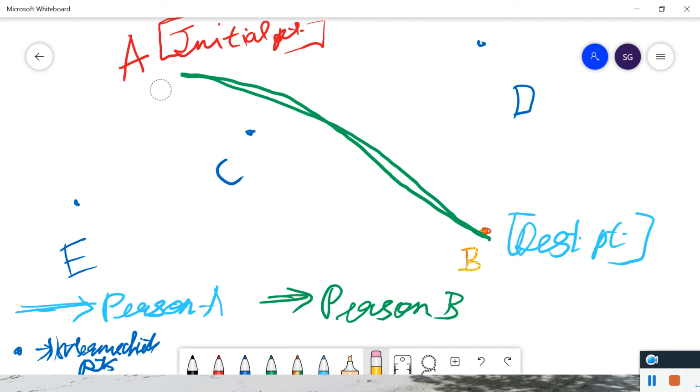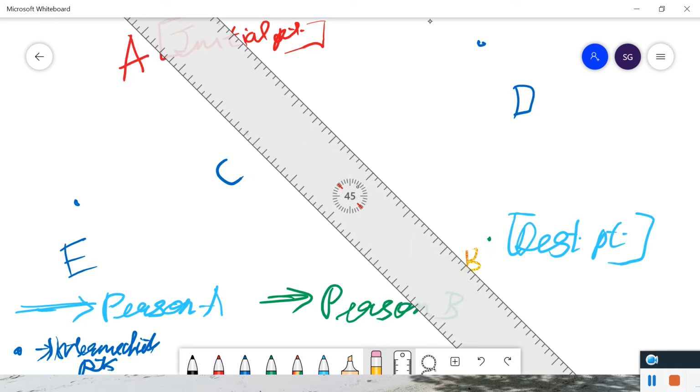To be more precise, I will rub it off and use the scale and draw from here to here.